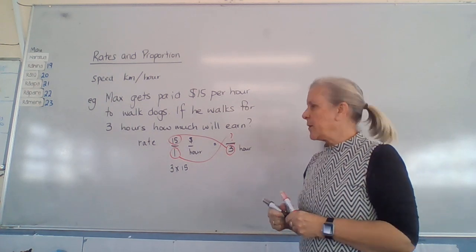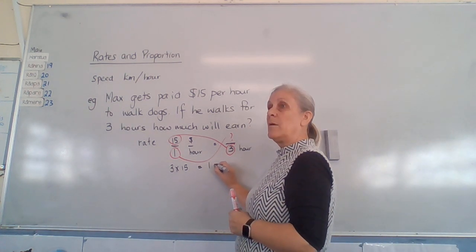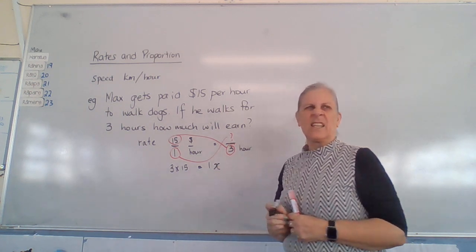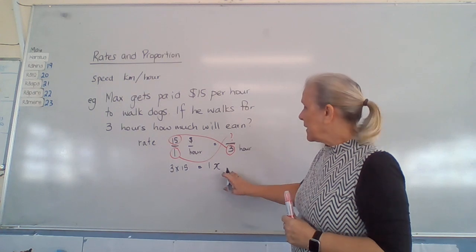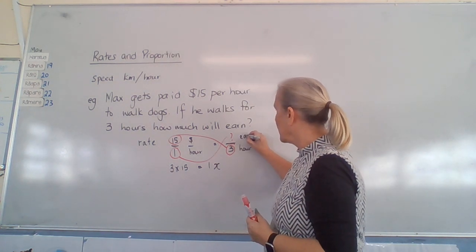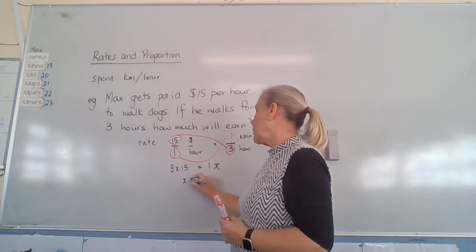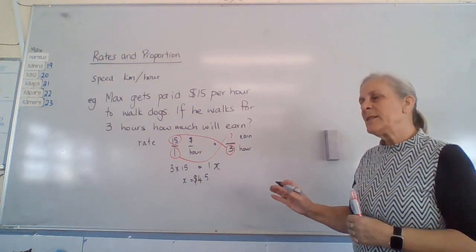Which, in maths, what do we call our question mark usually? X, Y, J, K, E, doesn't really matter, but a letter. All right, so that means 1x, or the amount we're going to earn, is going to equal $45. All right, so that was an easy one.